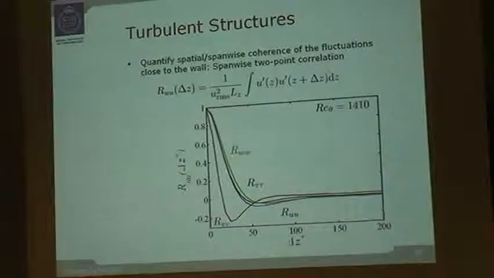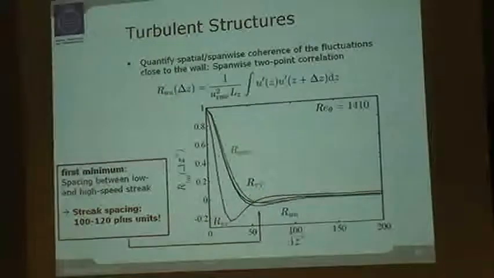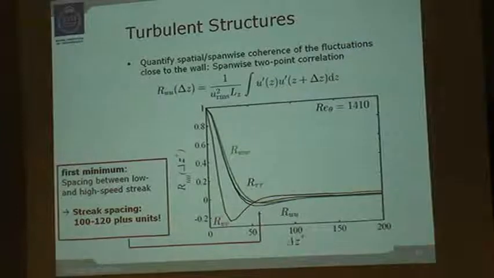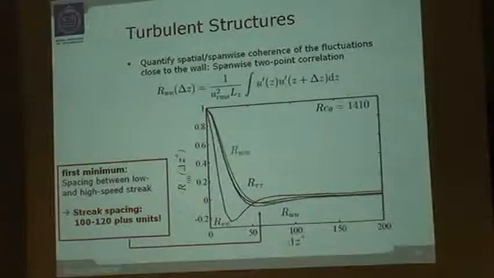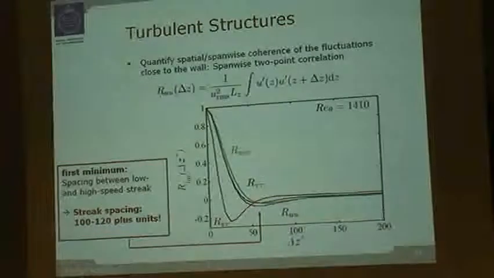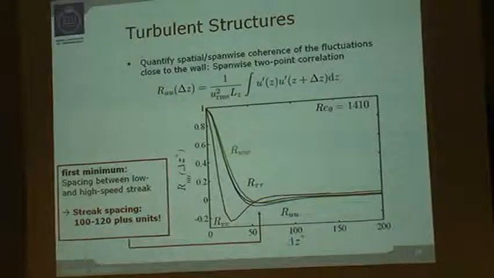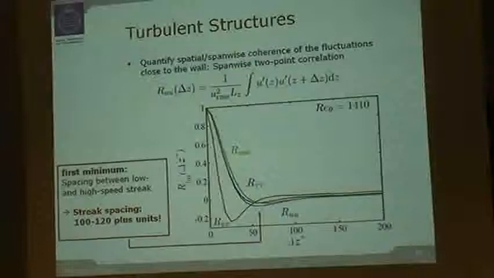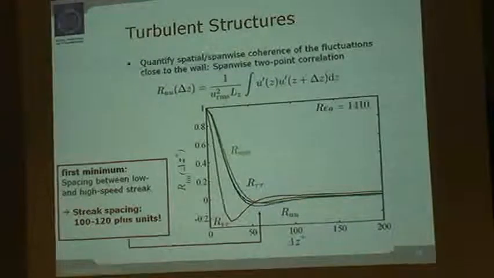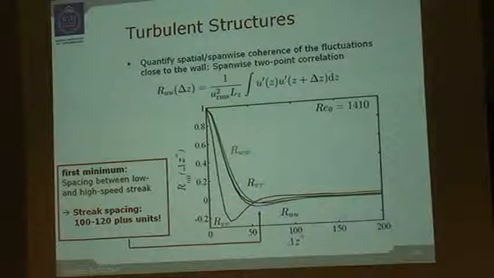Now it turns out that this minimum, for the span-wise two-point correlation of the streamwise velocity component, this negative minimum, or the first minimum, would correspond exactly to that displacement where we have a high-speed streak and a low-speed streak. Because then the velocity difference is the largest and the correlation is the most negative.